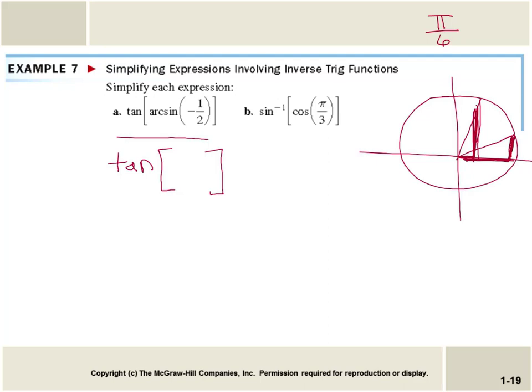Negative pi over 6. Perfect. So now we know we're here, and we know the values of pi over 6. There, the cosine is equal to root 3 over 2. Sine is equal to -1/2. Right? Yes.